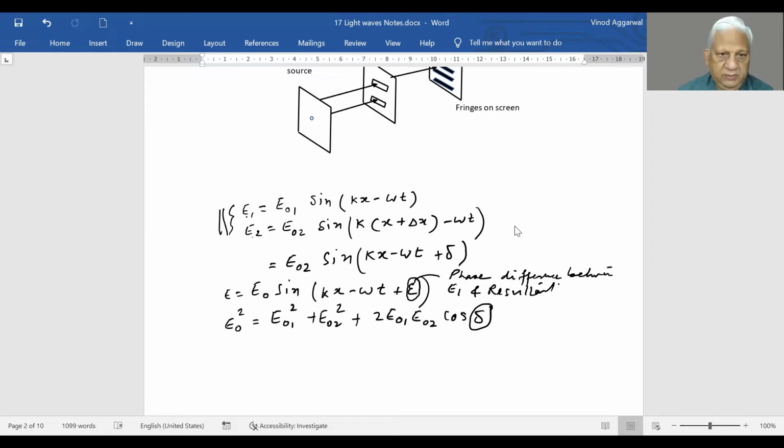Now this equation must be looking very familiar to you, isn't it? Where have we seen it before? We have seen it before when we were doing vectors.